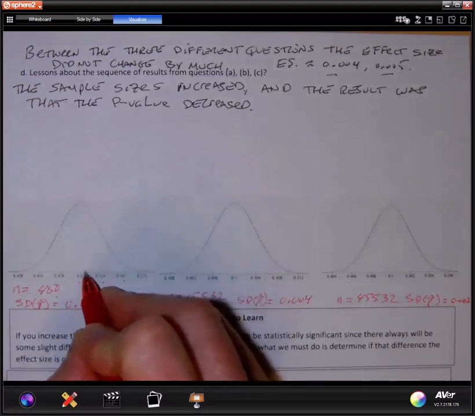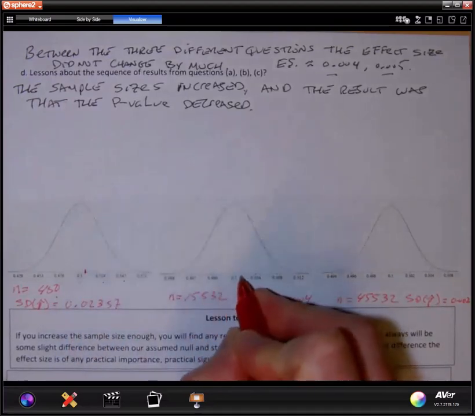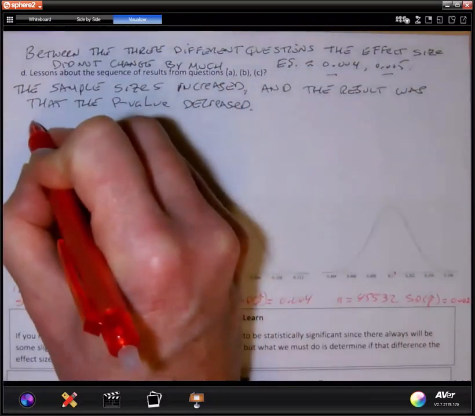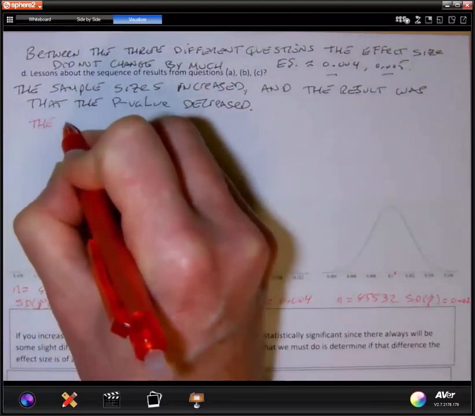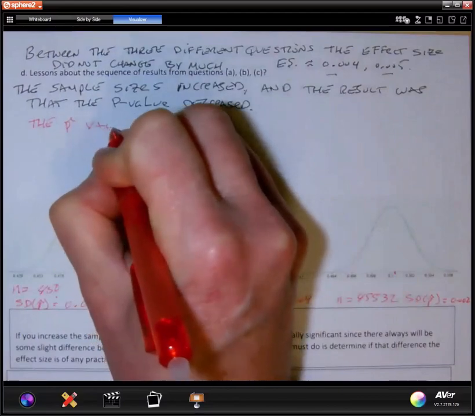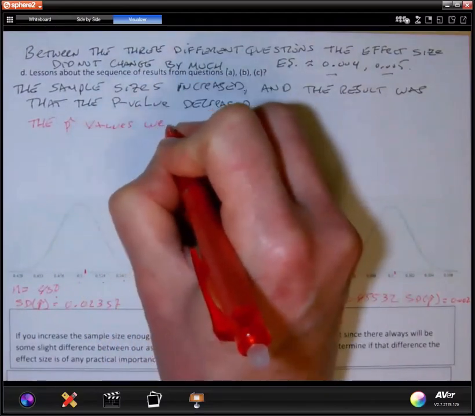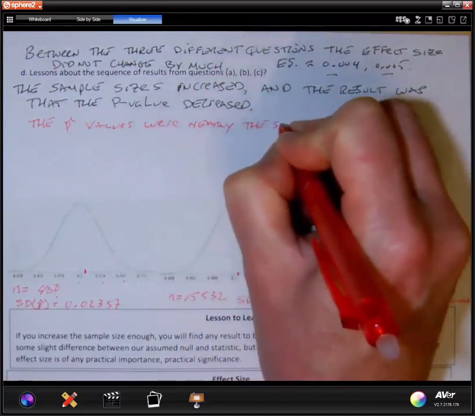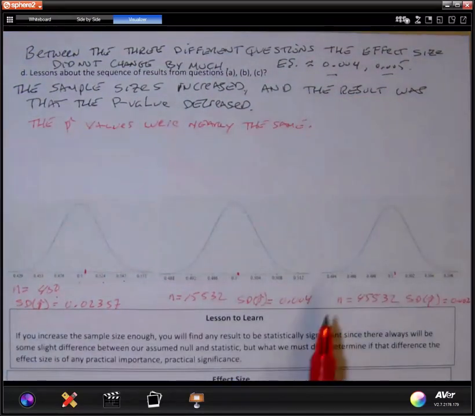So it's just a tiny, tiny, tiny difference, which we can't even note because, again, the p-hat values were nearly the same. So they were just about the same and very close to 0.5.